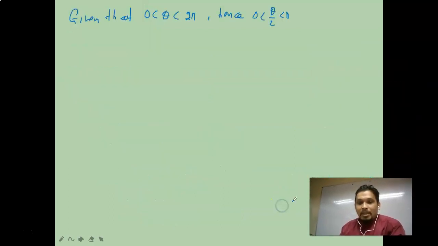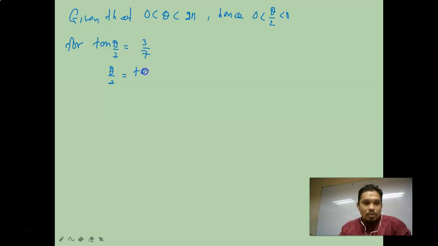Okay, then next, for tangent theta over 2 equals 3 over 7, so theta over 2 equals arctangent of 3 over 7. It gives you 0.405 radian, and this is theta over 2.